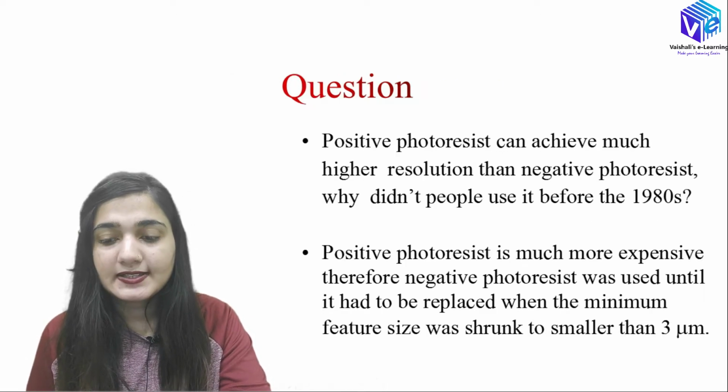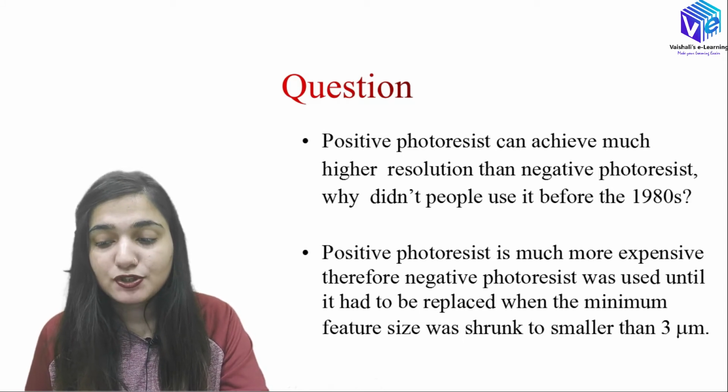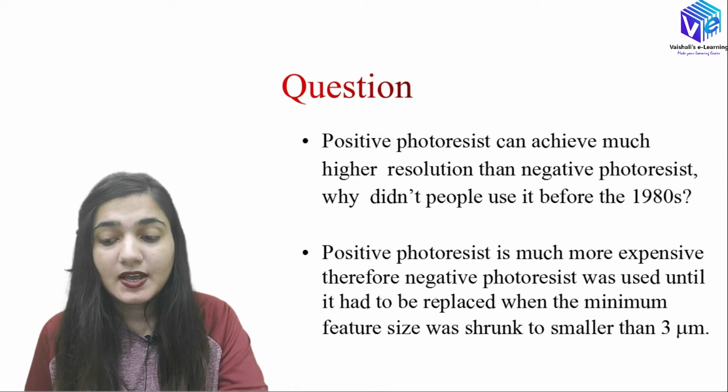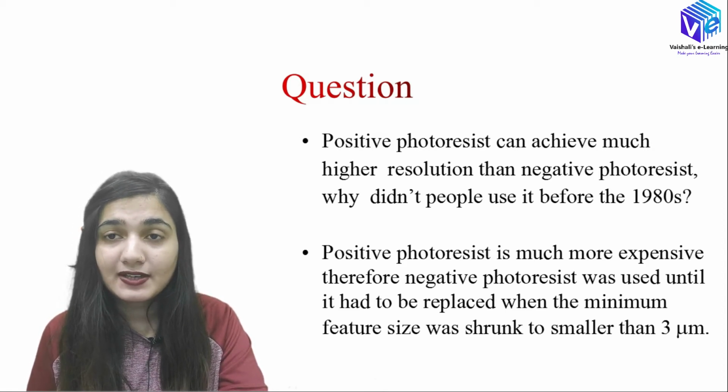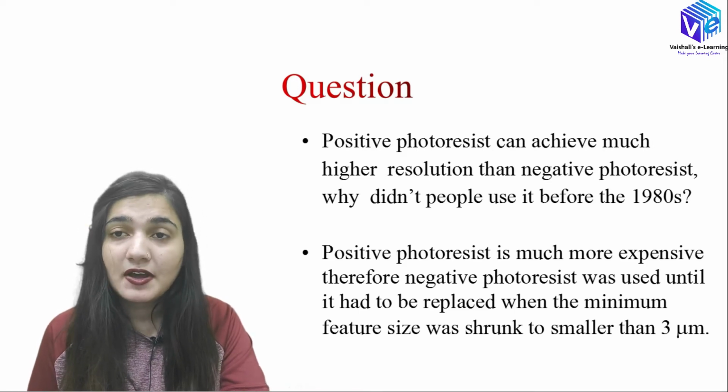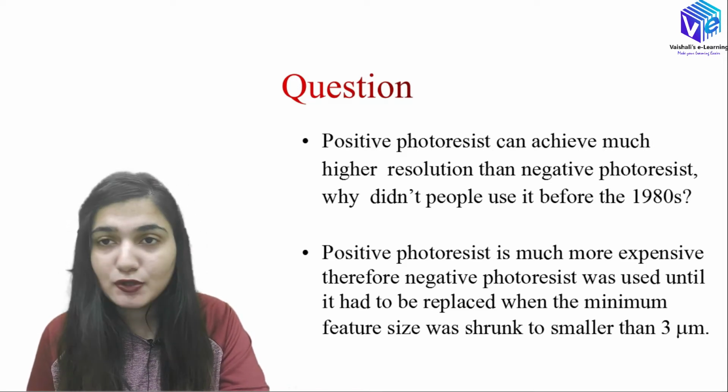Now the question arises: positive photoresist can achieve much higher resolution than the negative photoresist, then why didn't people use it before the 1980s? It was developed in the 1950s itself, but till the 1980s we were not using it.